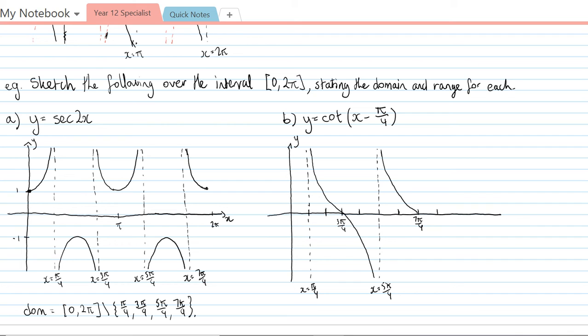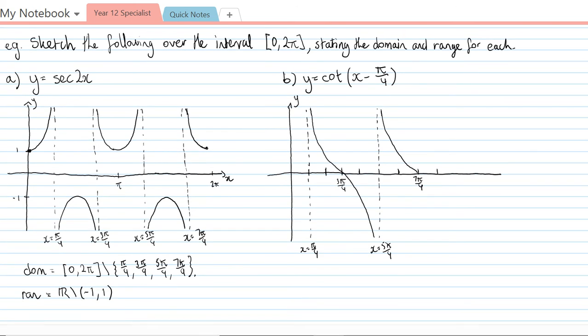Now I should also figure out the endpoints of this. Okay, so I'm just going to calculate the start and end points basically. So we'll do the y-intercept, which is when x equals 0. So that means y equals cot of negative pi on 4.